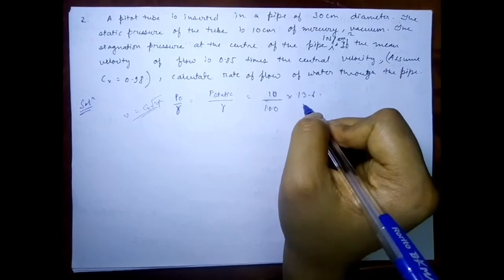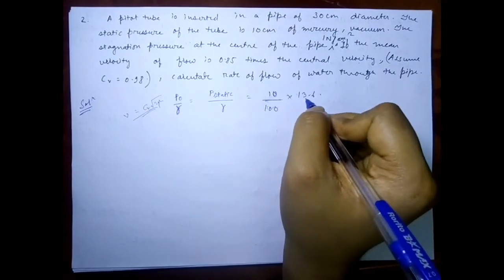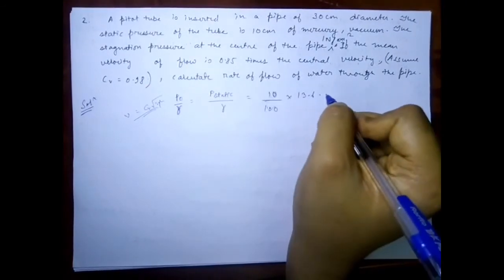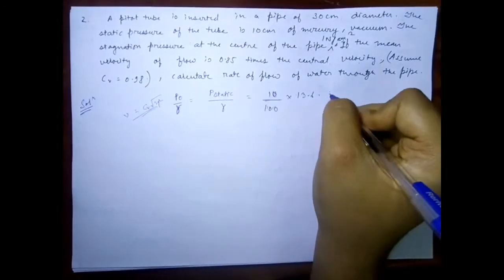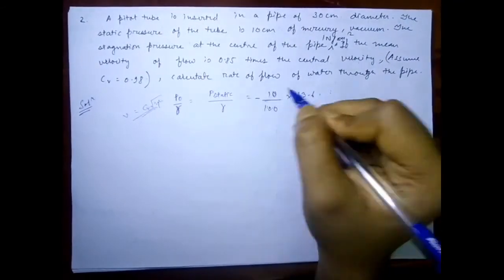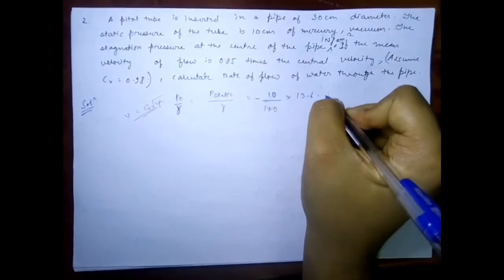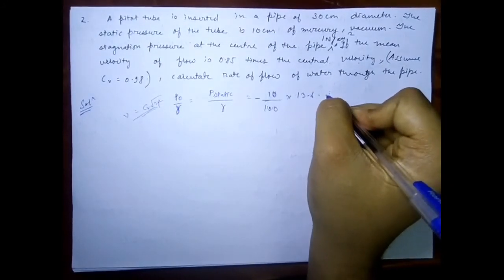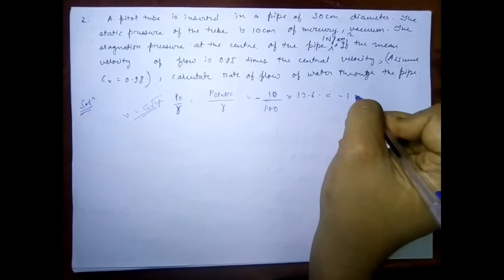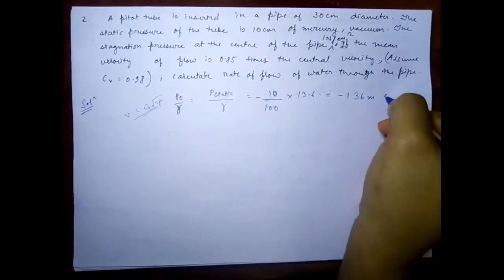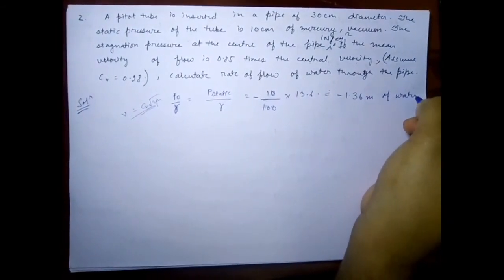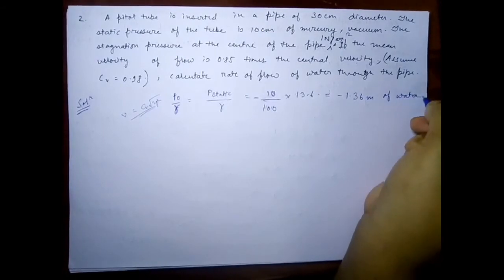So 10 into 13.6 upon 100 is our head, and it is actually a minus sign as it is P static and it is also in vacuum, so it is minus 1.36 meter of water head.